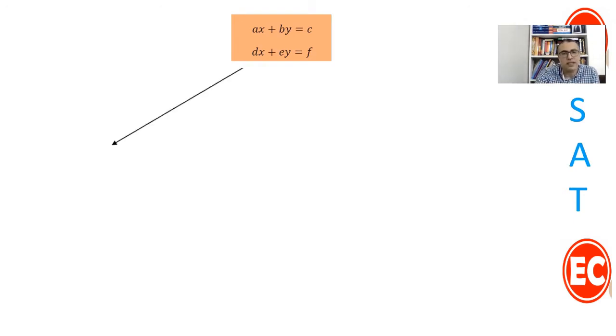We have three cases. The first case is two intersecting lines, and this happens when you divide the coefficient of x up by the coefficient of x down, which is a over d, and it's not equal to the ratio of the coefficient b over e.